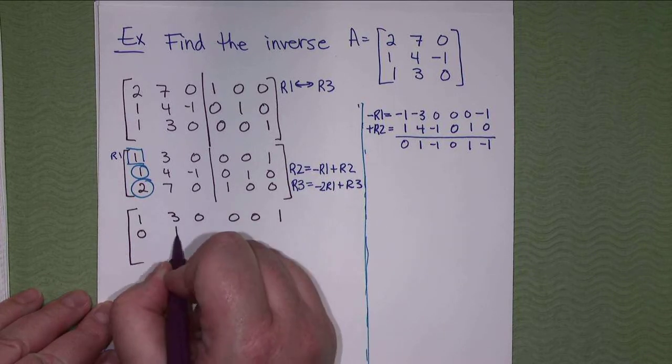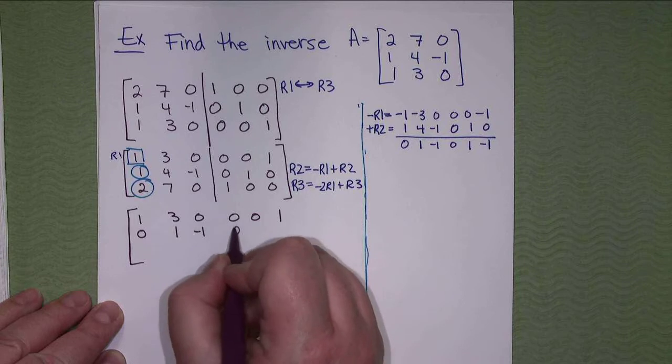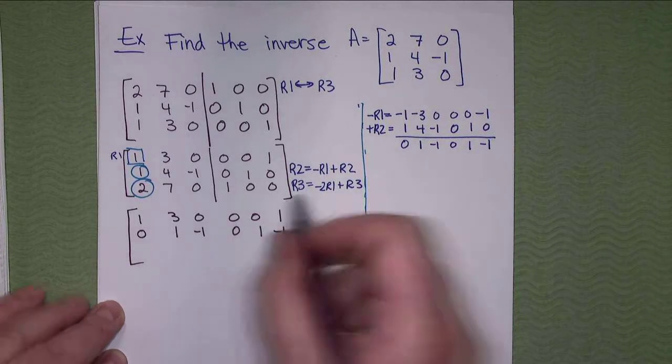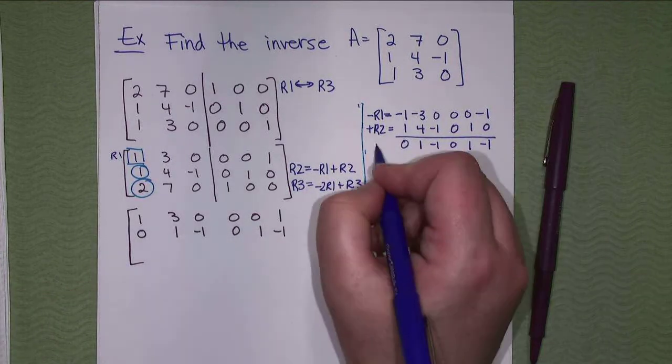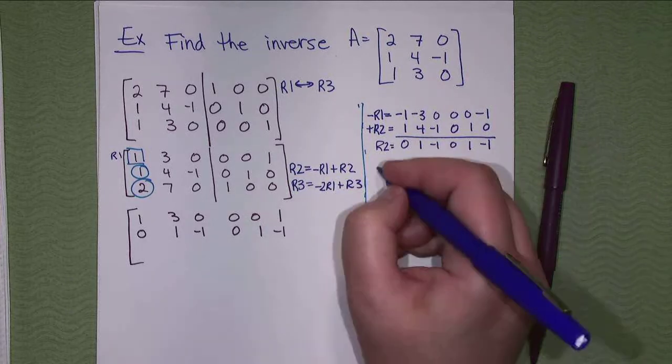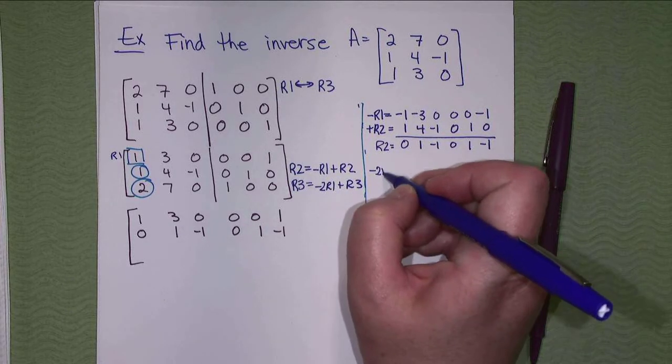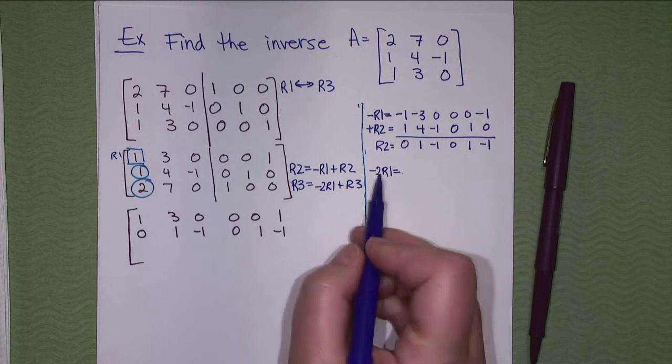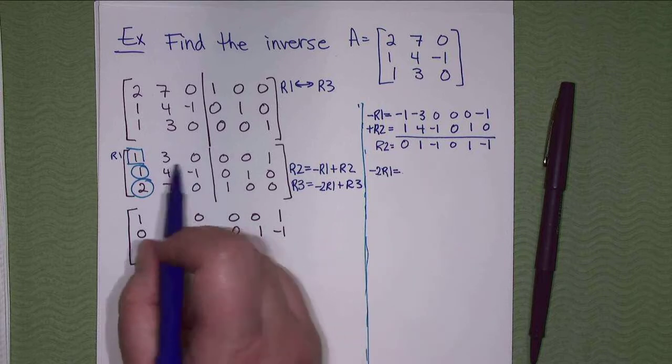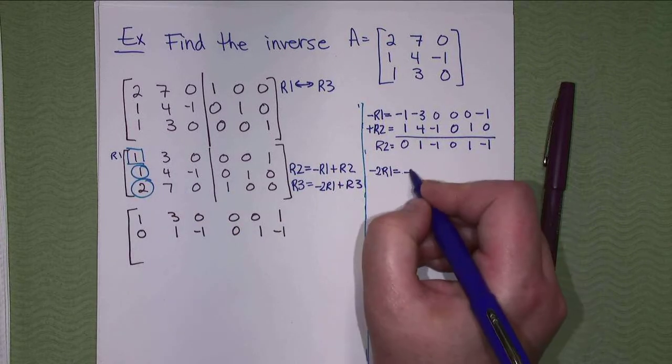And now I'll do my step for row 3. So this was my step for row 2. For row 3, I have -2 row 1. So I'm going to multiply everything in row 1 by -2. Zero, 0, 0.